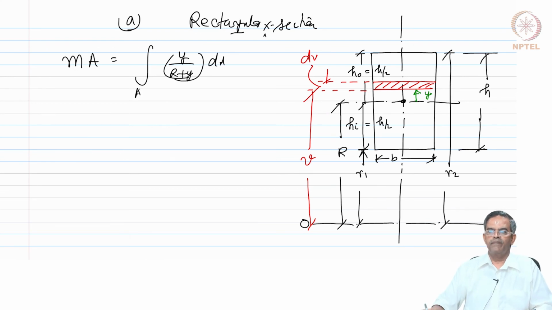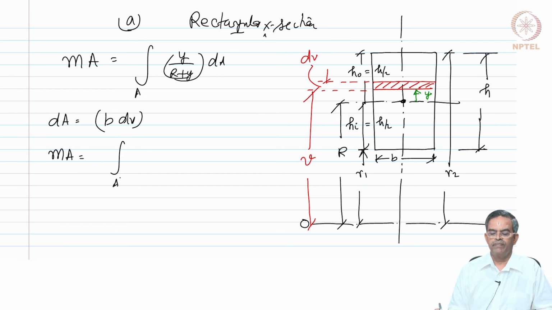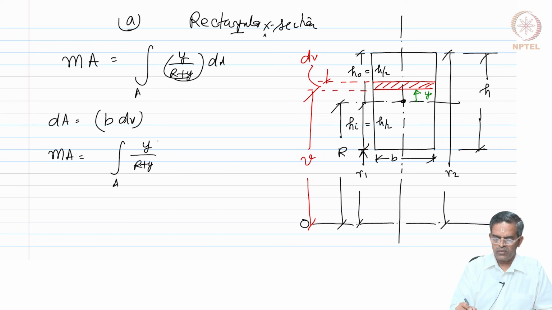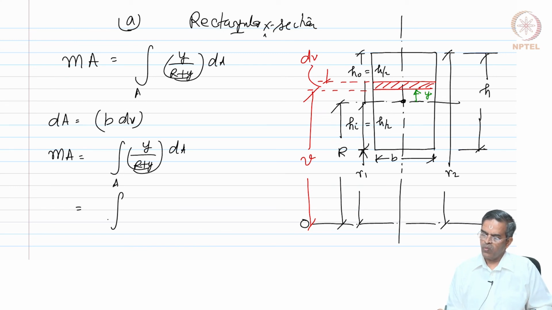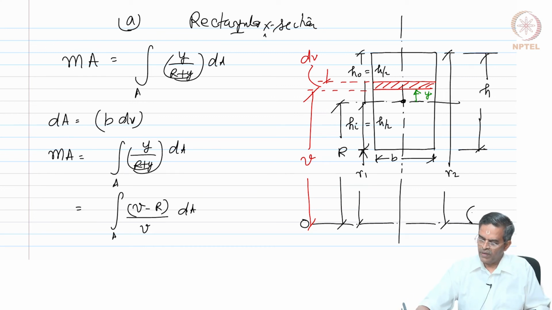This is the general equation here. Let us find out what is dA in this case, the hatched area. Can I say the dA is b into dv? Can I say that? Now, mA becomes integral for the area A y by r plus y dA, which I write as, can I write y as v minus r from the figure? Can I write r plus y as v from the figure? dA for the area. Okay, this has got the plane of reference.